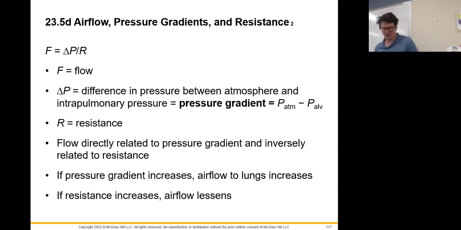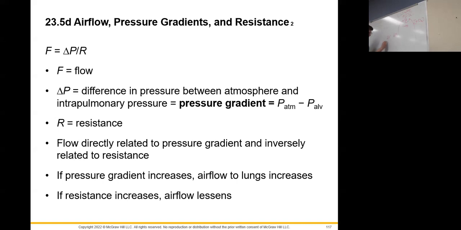Are all of our tubes in the lungs completely open all the time? No. Some of those are made out of muscle, right? So if we want to decrease resistance, because it's on the bottom of the math equation, right? We have pressure difference. Delta is difference or gradient.